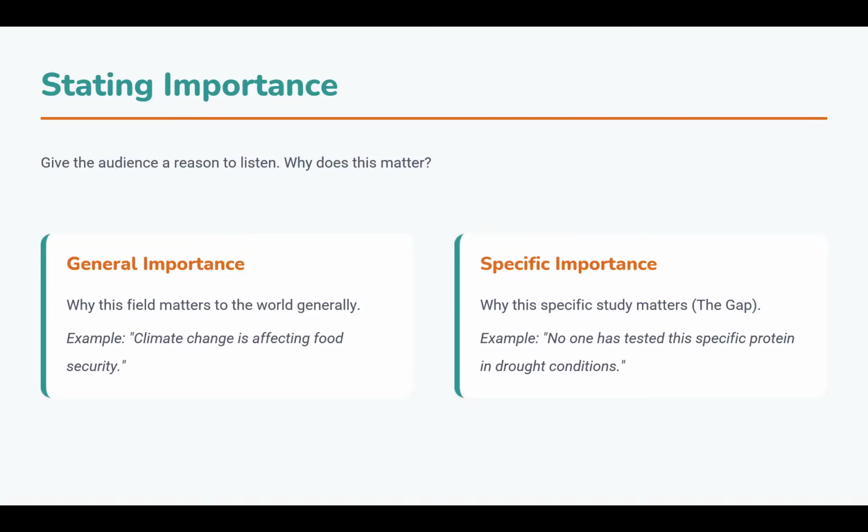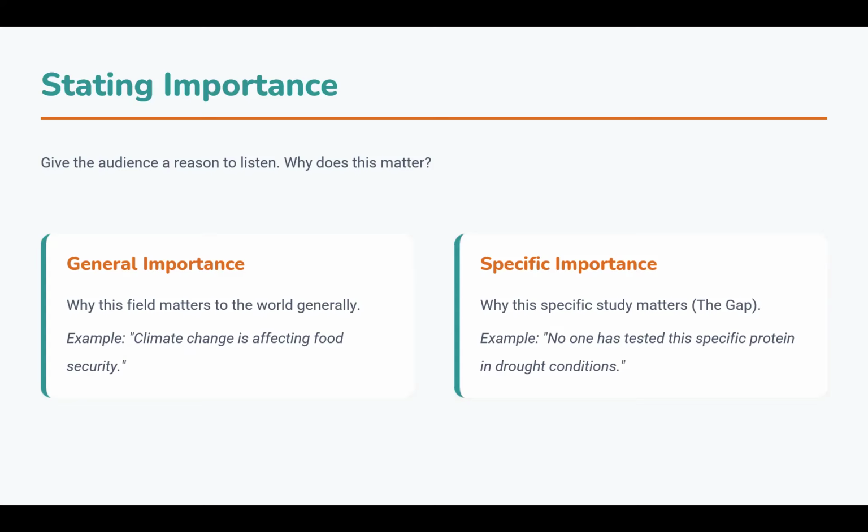So you are addressing the outfield and you are bringing them into the midfield, telling them that within food security, testing a particular protein in drought conditions is important. You are inviting the outfield to the midfield by stating general importance first and then specific importance next.